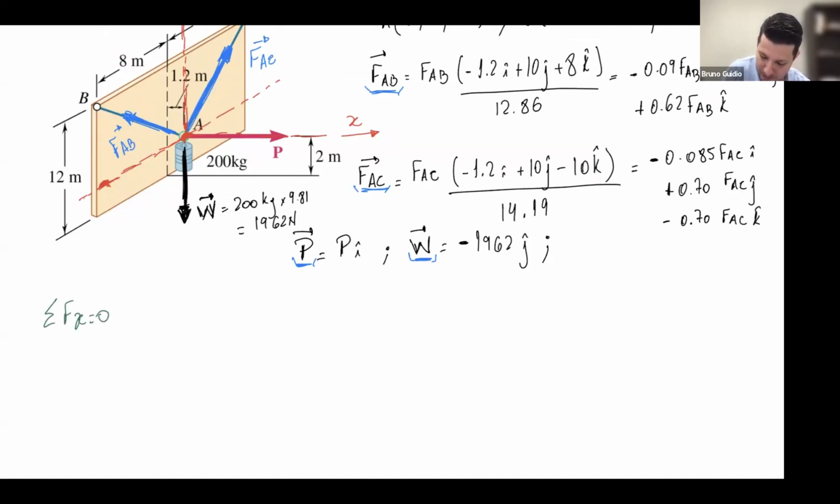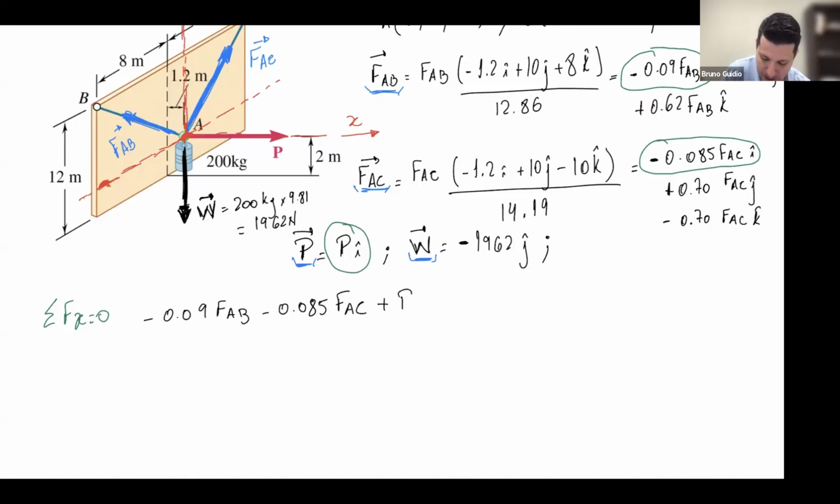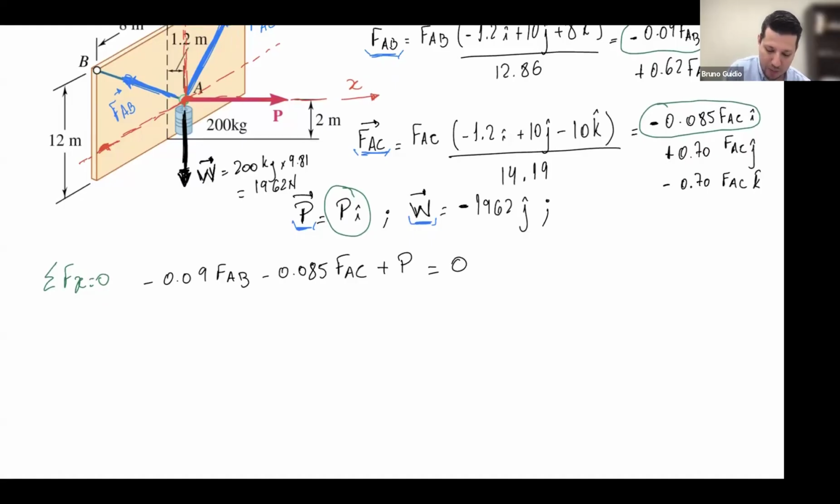Sum of forces in X equals 0: negative 0.09 FAB, negative 0.085 FAC, plus P equals 0. But right here I cannot solve anything. I have 3 unknowns and 1 equation, so let's go for another one. The sum of the forces in Y should be 0.